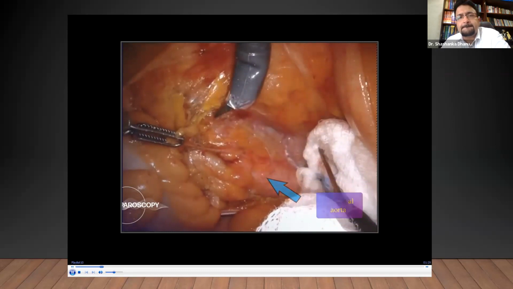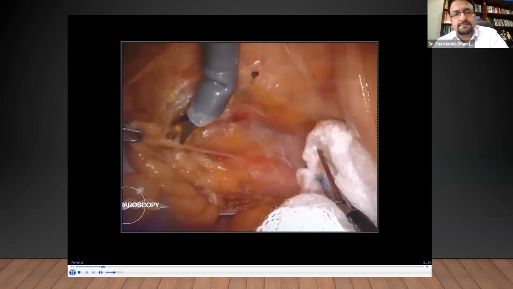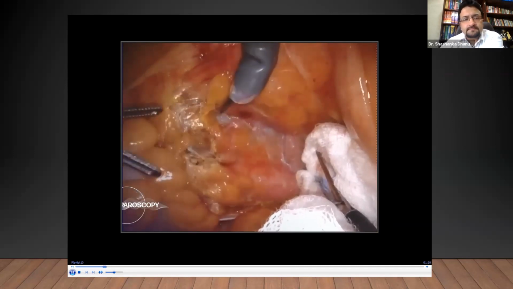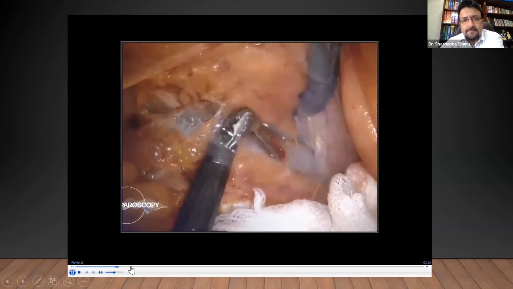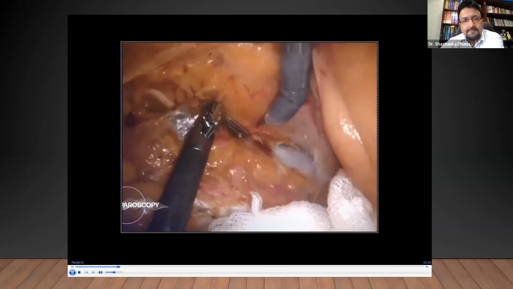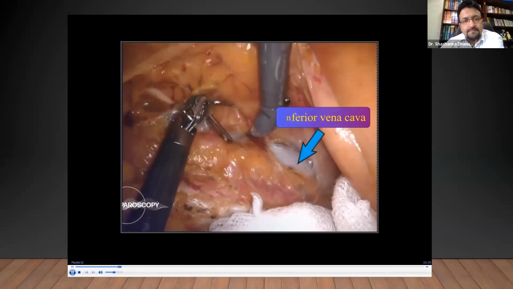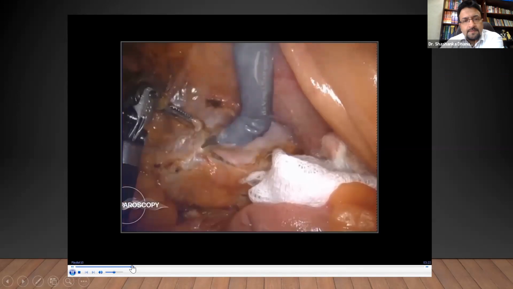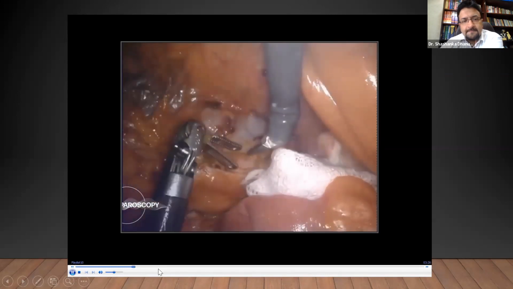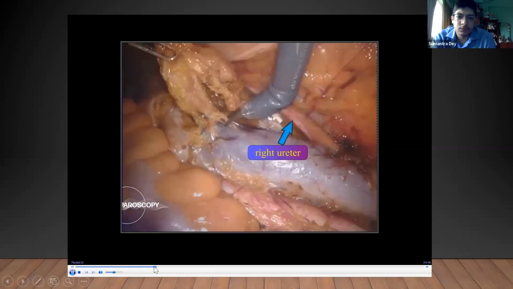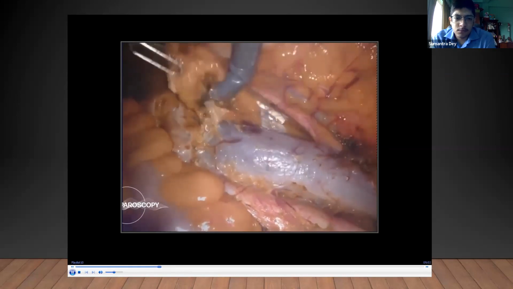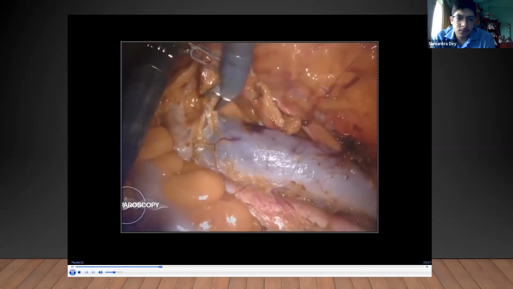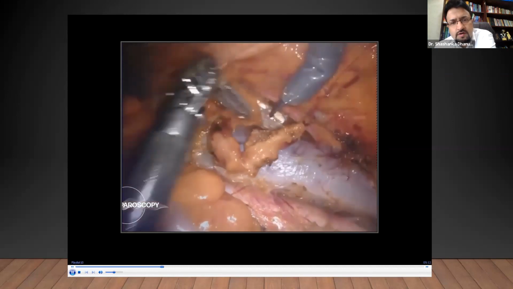And that's the aorta and the IVC. So just for orientation, robot is docked from the left side.